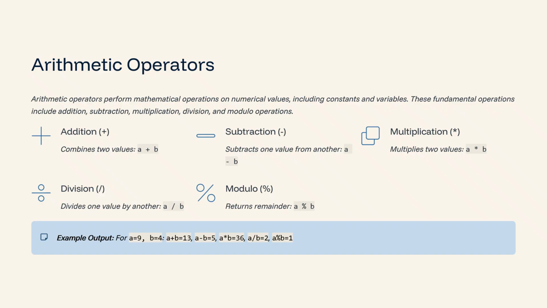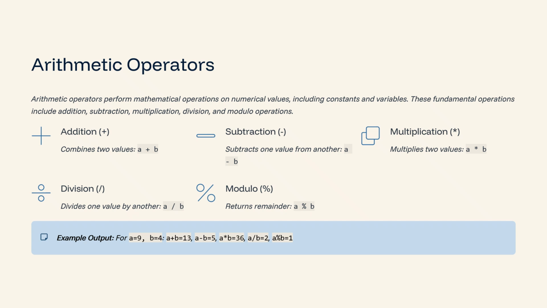If we take an example, addition performs a + b. If a = 9 and b = 4, then the value of a + b is 13. For subtraction, the value of a - b is 5. For multiplication, the value of a * b is 36.